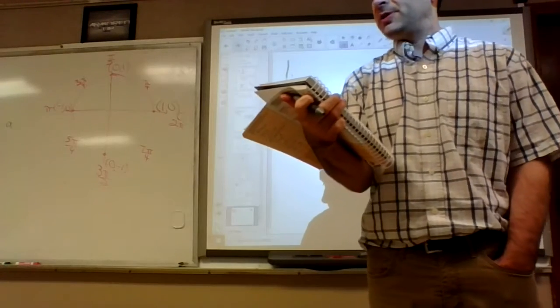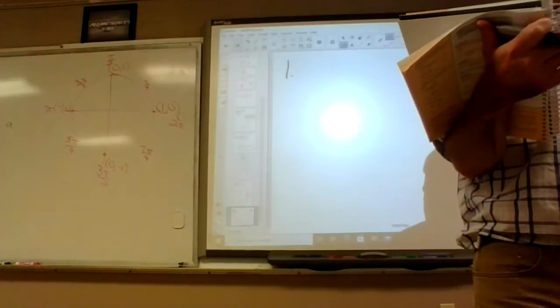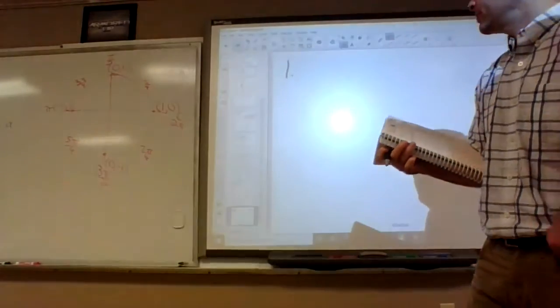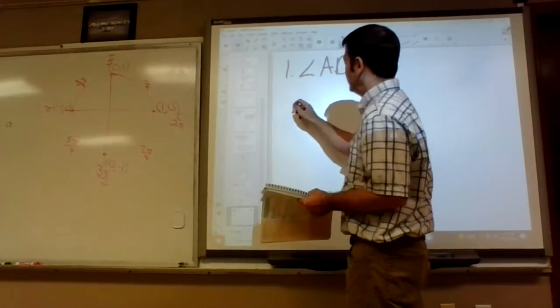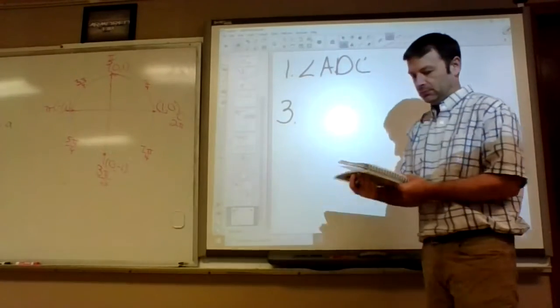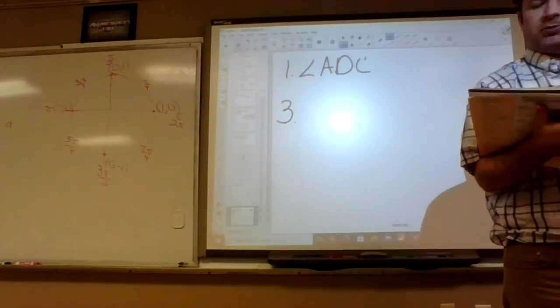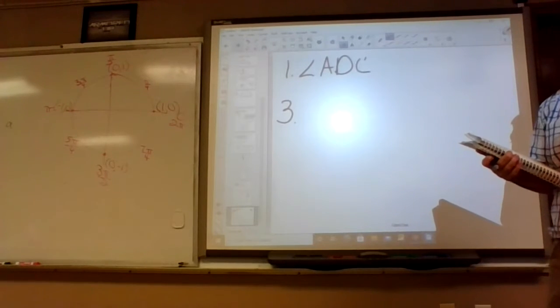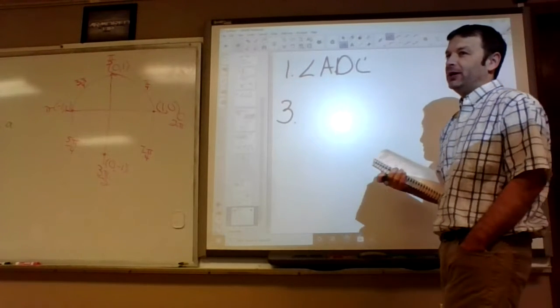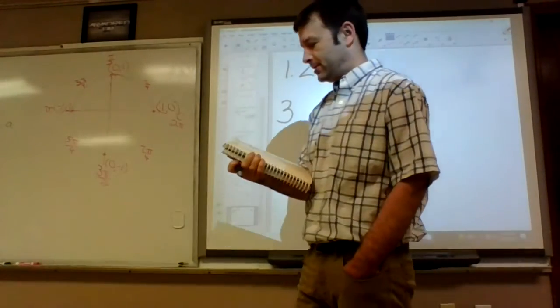So you have to be more specific. Tristan said angle ADC. Yeah, that would be number 1. What's another thing we could call it? CDA. So if we grade it and I say it backwards, you need to know that that's the same thing.